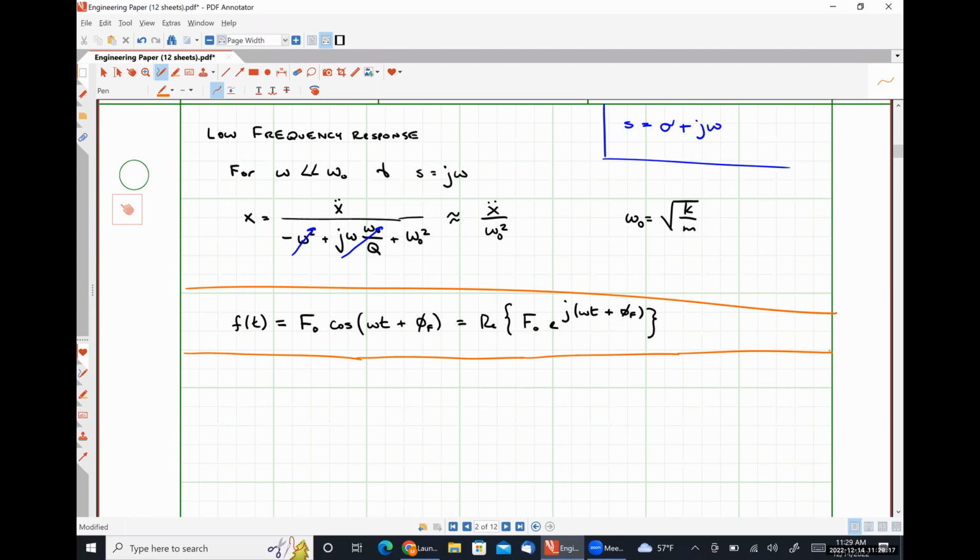Sorry, just to go on another tangent here, looking at S tells us whether or not our system is stable, right? If S is purely imaginary, we have a stable system, at the very least conditionally stable. If the real part of our frequency S is positive, we have instability.